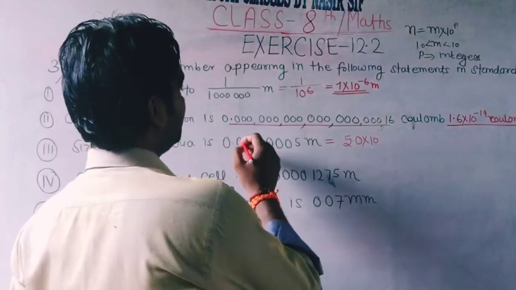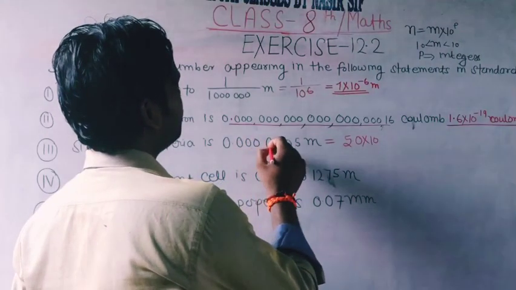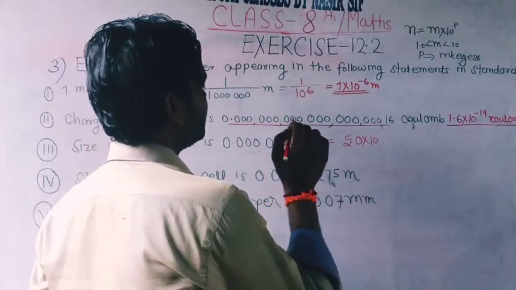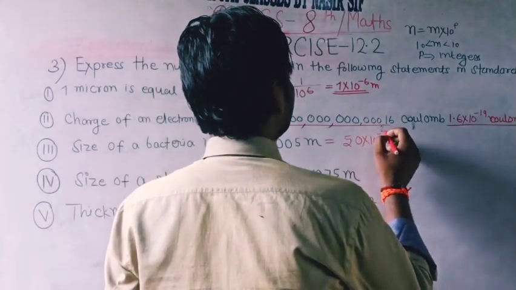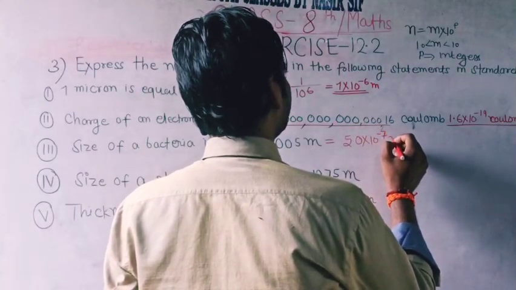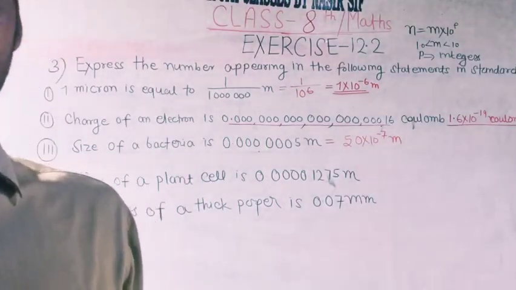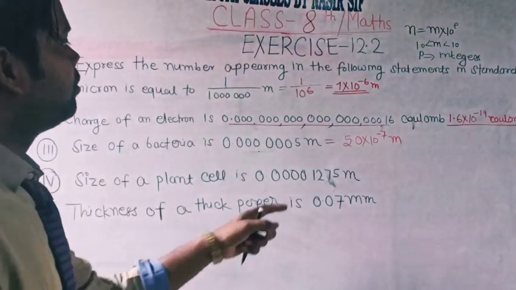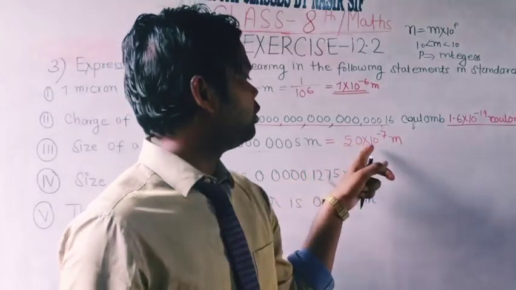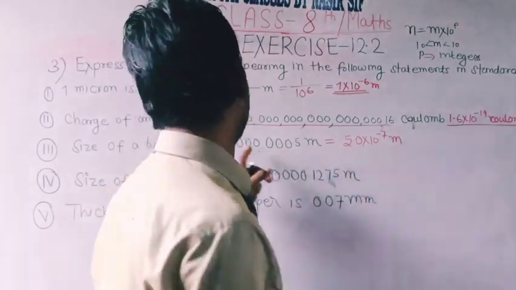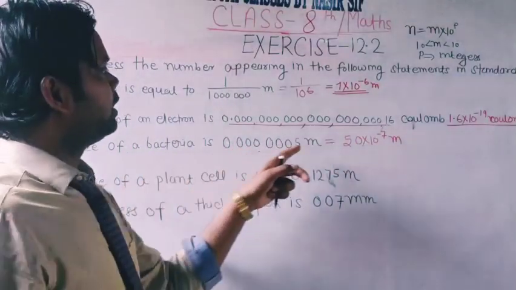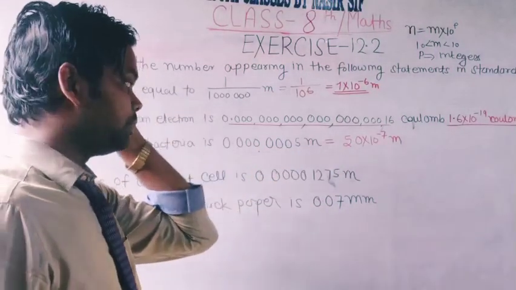How many places? 1, 2, 3, 4, 5, 6, 7. So it is 5.0 into 10 to the power minus 7 meter, the size of the bacteria in standard form.